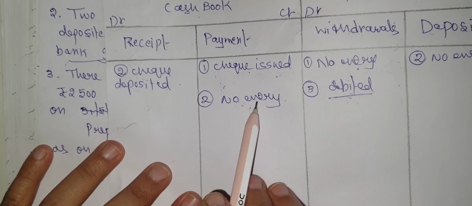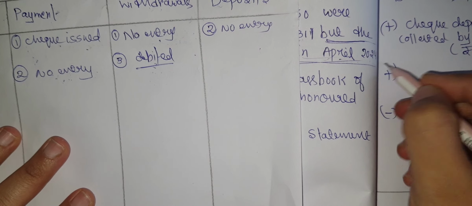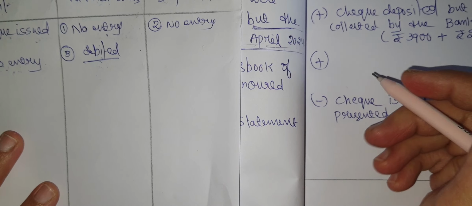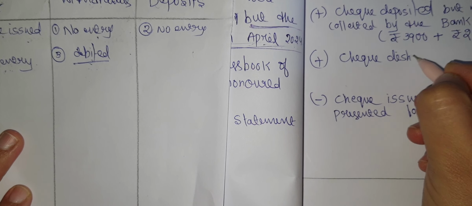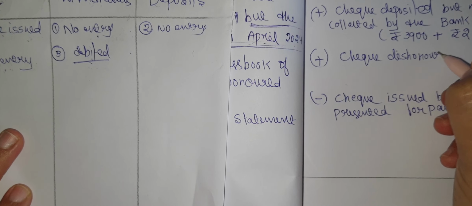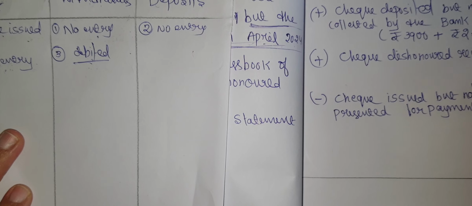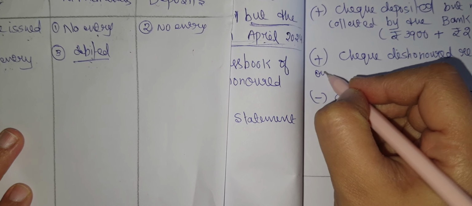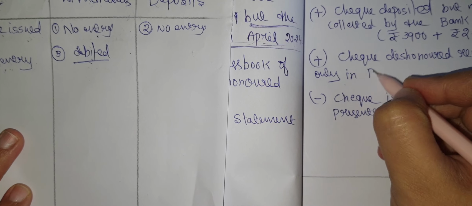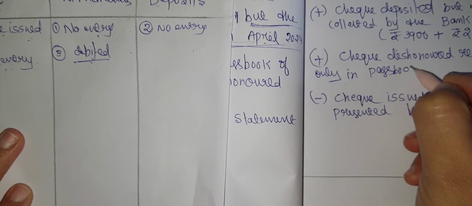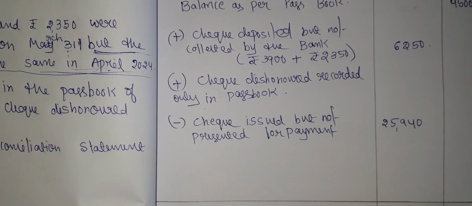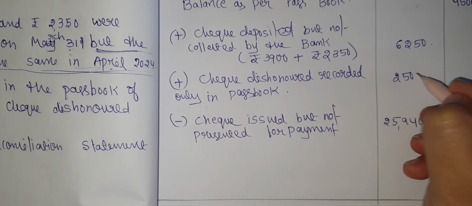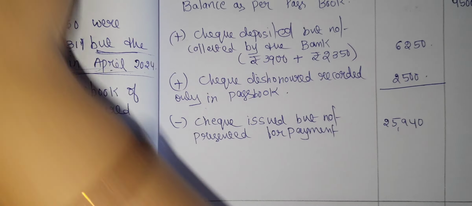Okay, here cash book balance is more so you have to add the transaction, that is check dishonored, recorded only in passbook. Recorded only in passbook. How much rupees? That is rupees 2500.